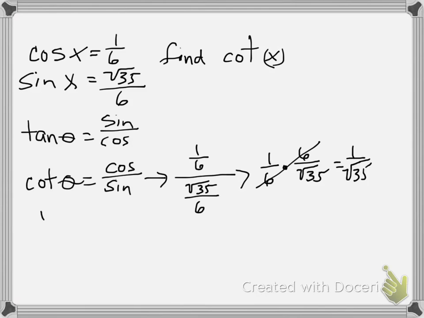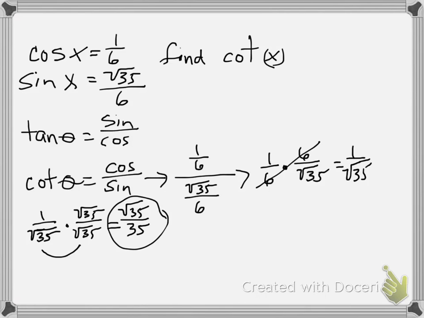So we're going to take 1 over the square root of 35, and what are we going to do with that? Sure, we're going to multiply it by the square root of 35 over the square root of 35. Our radicals get canceled out with 35 in the denominator, and we end up with the square root of 35 in the numerator, and our answer is the square root of 35 over 35.